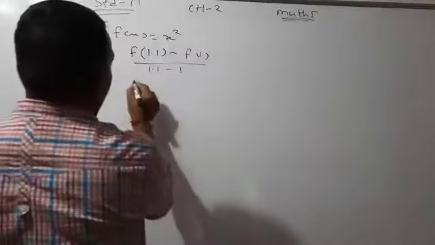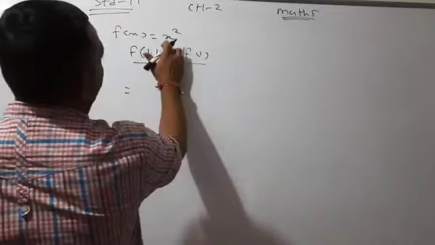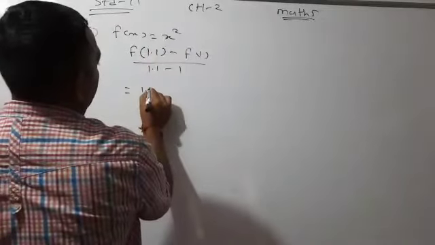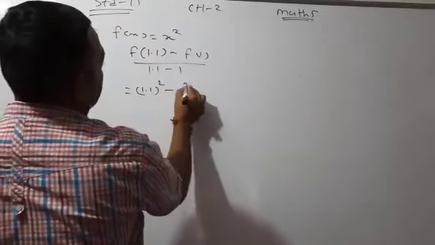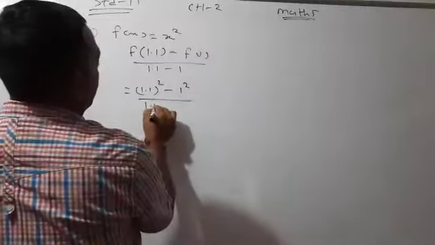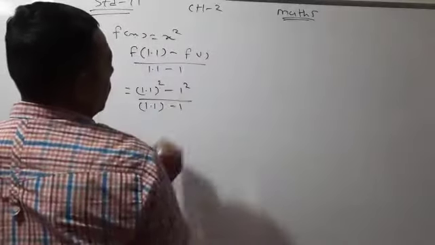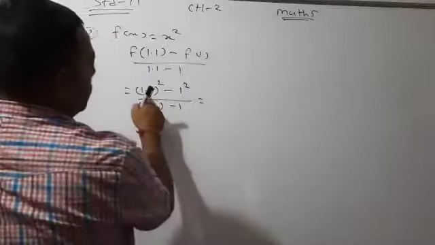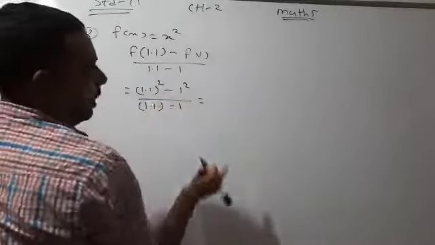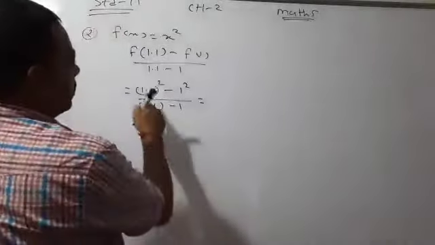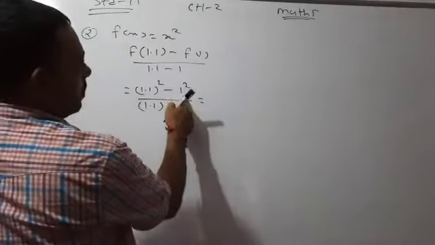Now f(1.1) means we will put 1.1 here. So it is 1.1 square minus 1 square upon 1.1 minus 1. You may write either 1.21, or you can consider this as a square minus b square.